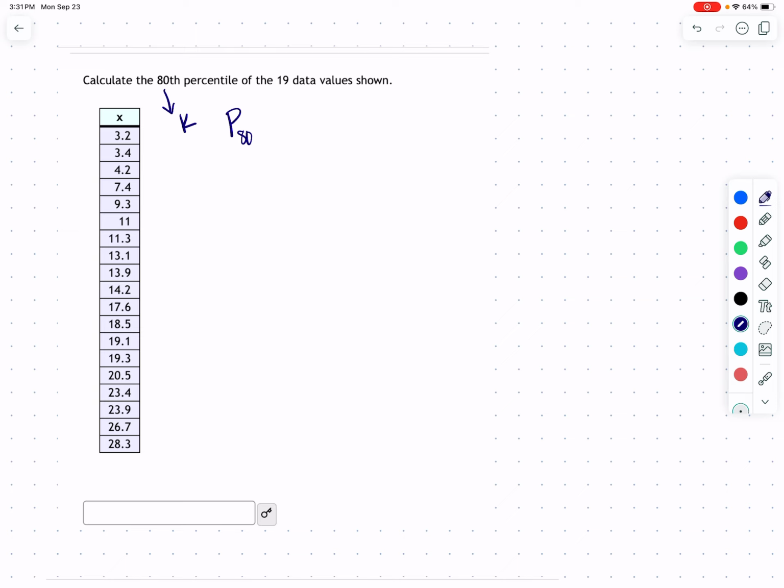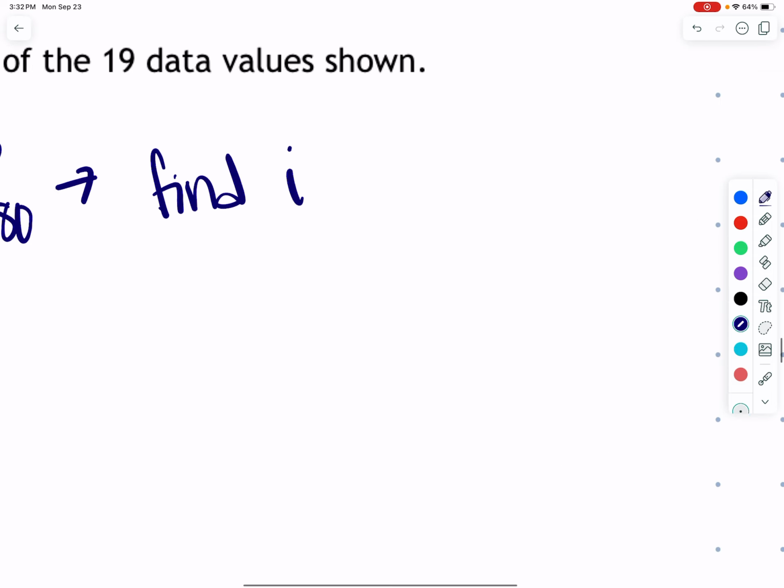That means we need to find our locator. We need to find I. And you should have your I value formula either on the exam handout or in your notes. Your I formula says we need K divided by 100 times N plus 1.